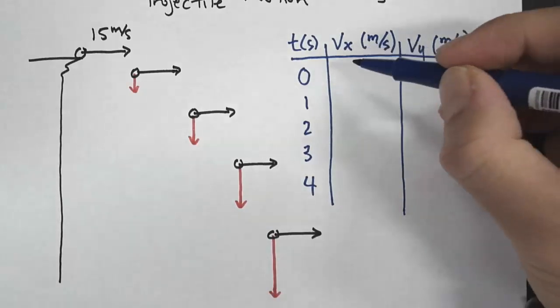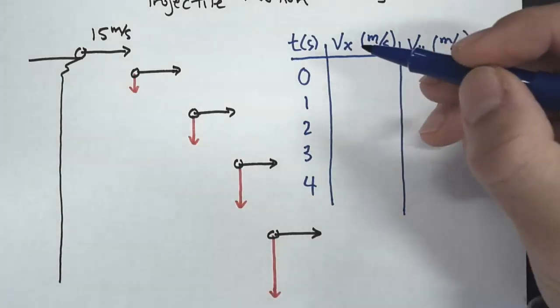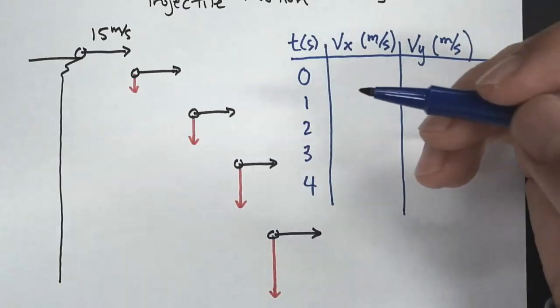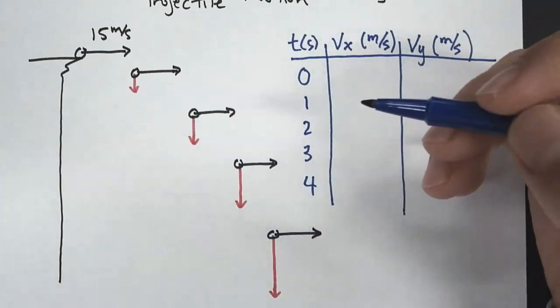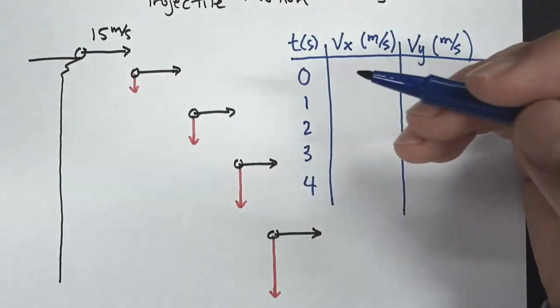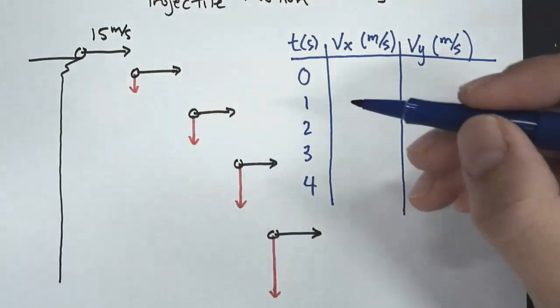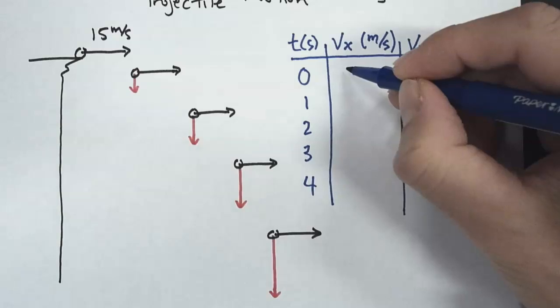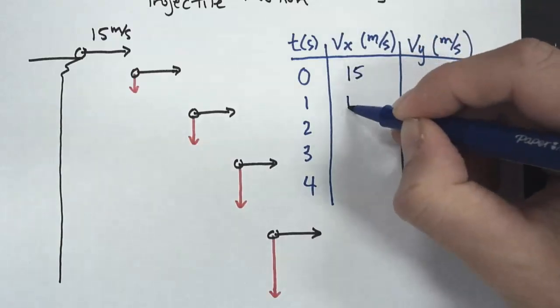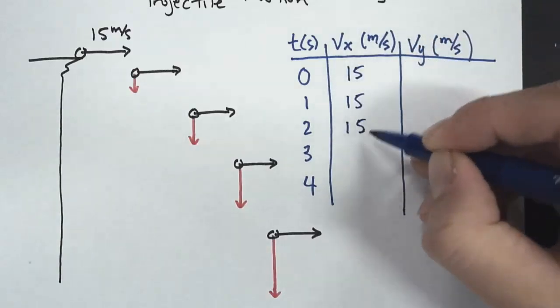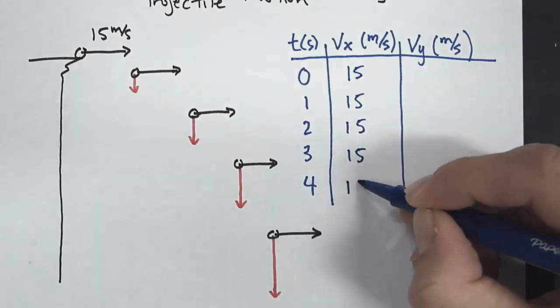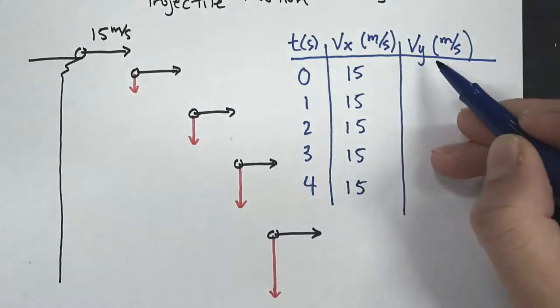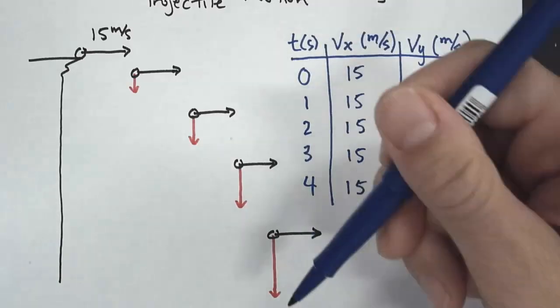In projectile motion, the only force acting on the object is gravity, and so there's no horizontal acceleration. So horizontally, it's moving at constant velocity, which means the velocity is the same the entire trip. And then vertically, it is accelerating downward.